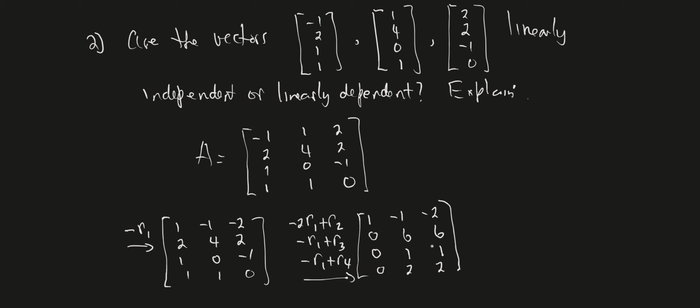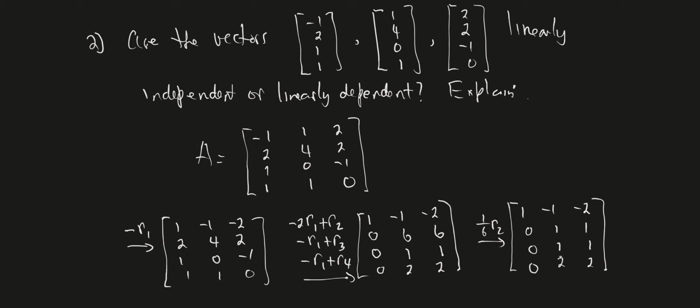All right. Now, let's try to get a pivot right here. So we can multiply the second row by 1/6. So 1/6 times row 2. That's 1, -1, -2, and then 0, 1, 1. And then below I have 0, 1, 1. And then below I have 0, 2, 2. So what's going to happen is when I eliminate this 1, I'm going to automatically eliminate this 1.